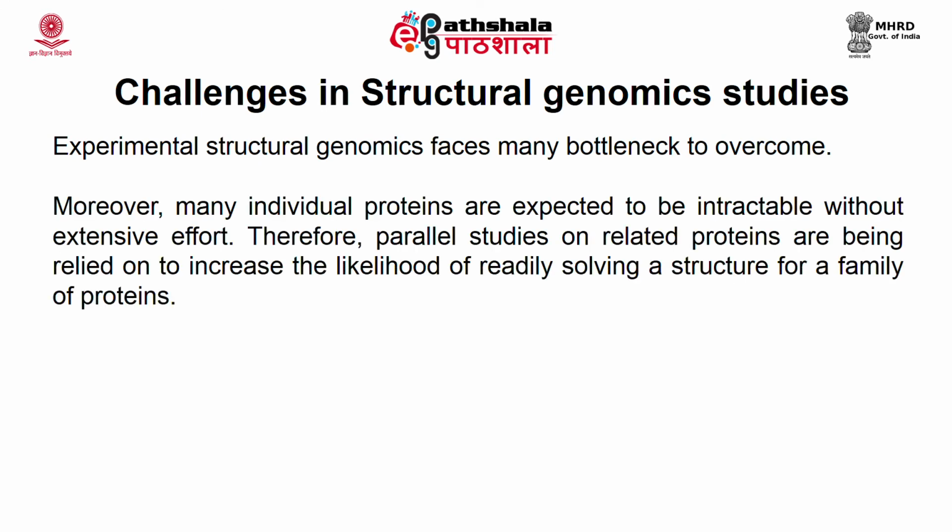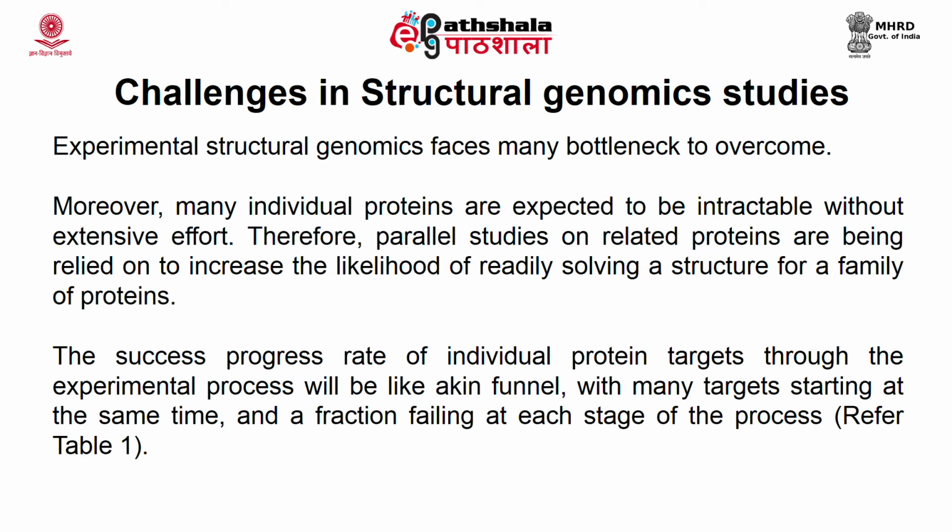Moreover, many individual proteins are expected to be intractable without extensive effort. Therefore, parallel studies on related proteins are being relied on to increase the likelihood of readily solving a structure for a family of proteins. The success progress rate of individual protein targets through the experimental process will be like a funnel, with many targets starting at the same time and a fraction failing at each stage of the process.